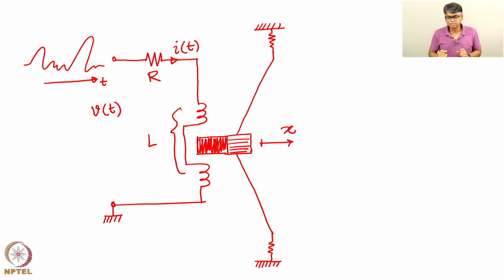This movement causes the diaphragm also to move, which is attached to the spring. So there is a spring-like action. The movement of the diaphragm is the one that causes the sound wave. That's how a speaker works.